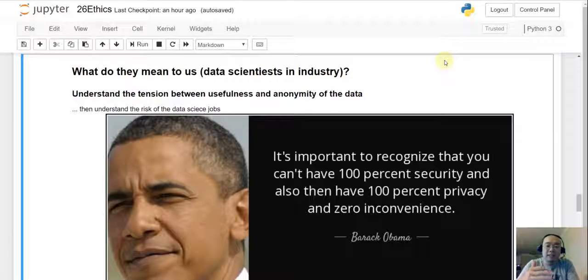This reminds me of what President Obama said: it's important to recognize that you can't have 100% security and also have 100% privacy. He argues that those two things cannot happen in the same place.